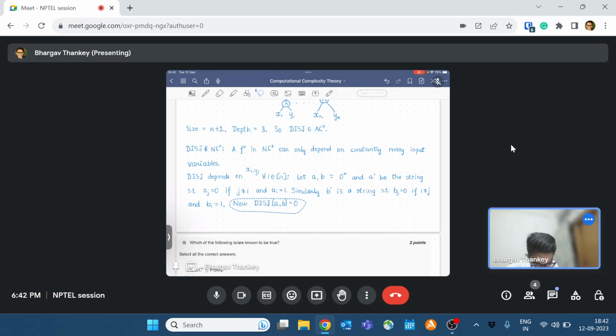So, sorry for the confusion. Now there are four strings A and B and A prime B prime.